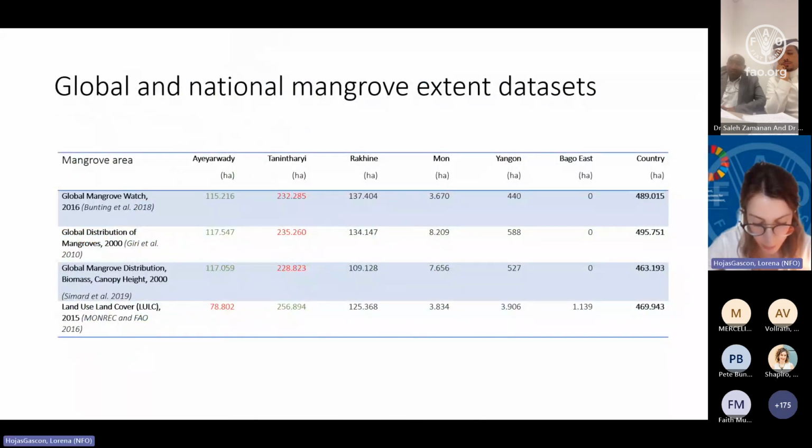For example, in the Ayeyarwady region, the mangrove area in the national map is around 30% less than in the global maps, while in Tanintharyi it is 10% greater. These products, apart from giving us a first glimpse of mangrove presence in the country, are very useful as an initial training data source to build more accurate maps at national level.